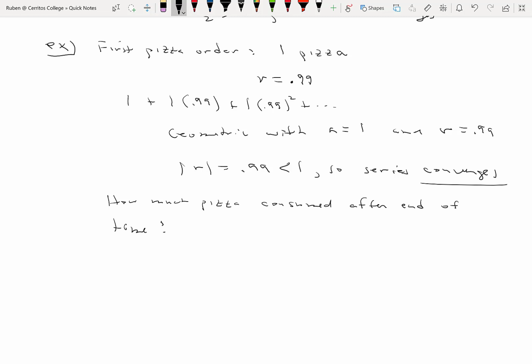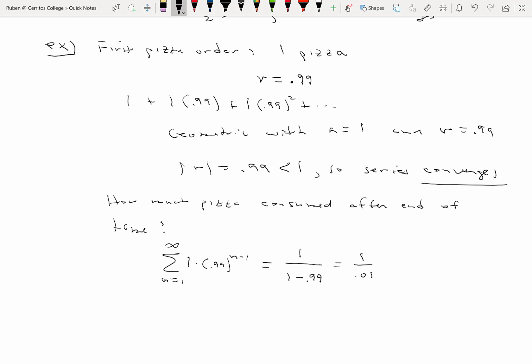Well, the sum of A, 1 pizza, times R, 0.99, to the n minus 1, n ranges from 1 to infinity, is A over 1 minus R. Well, what's 1 minus 0.99?